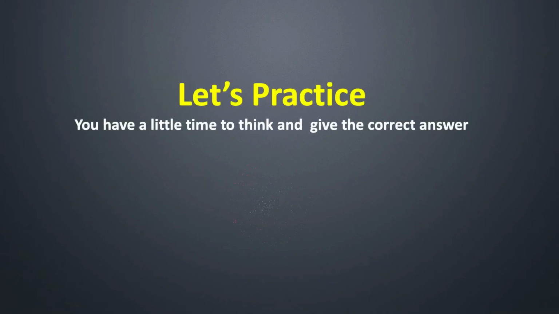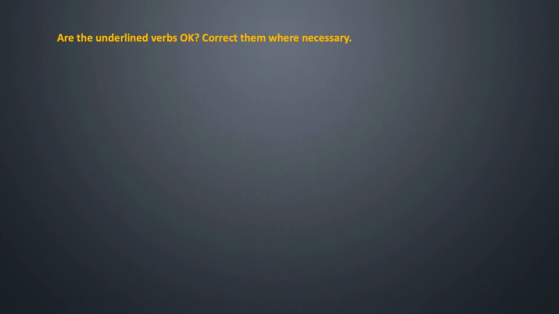So, let's practice. You have a little time to think and give the correct answer. Are the underlined verbs okay? Correct them where necessary. Let's start with number one. Water boils at 100 degrees Celsius.